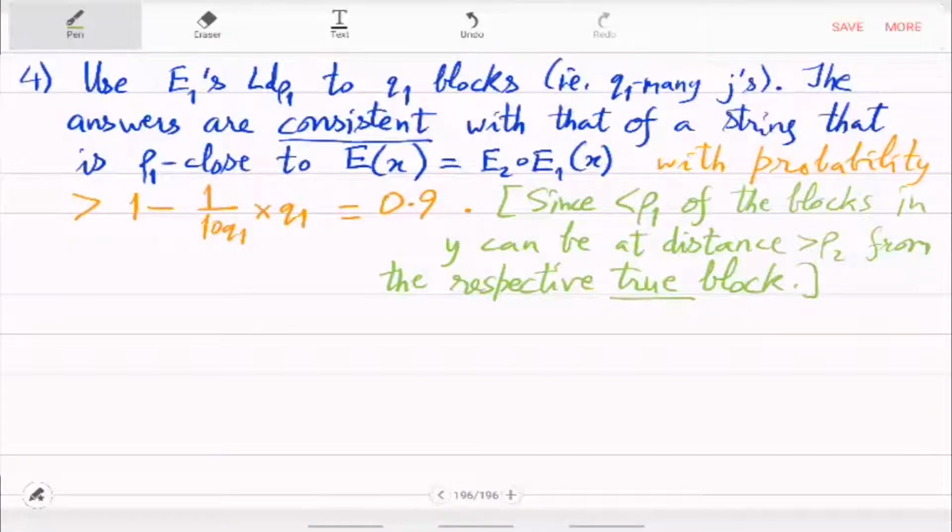So hence when you will apply E1's local decoder LD rho 1, it will work fine and give you bit of x.